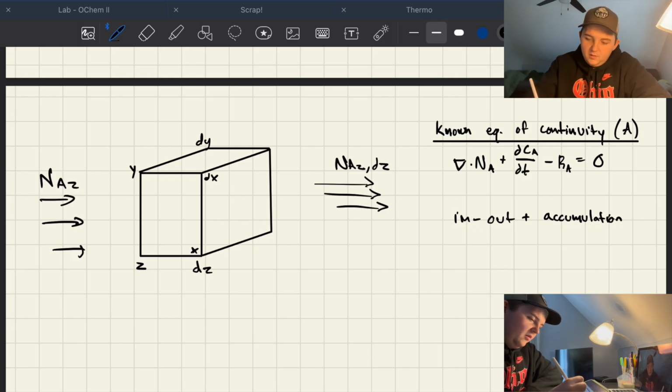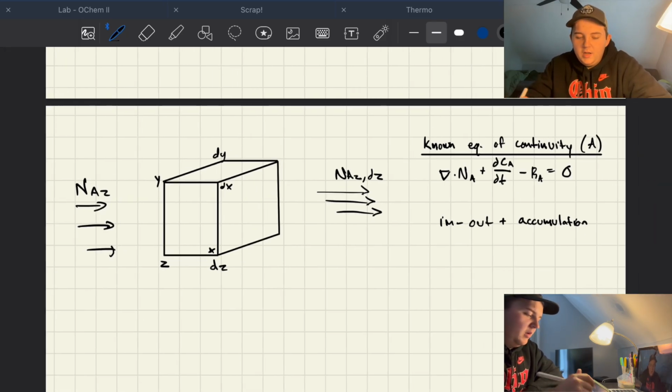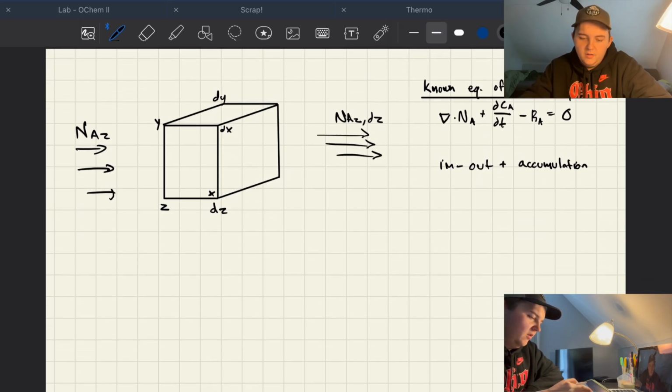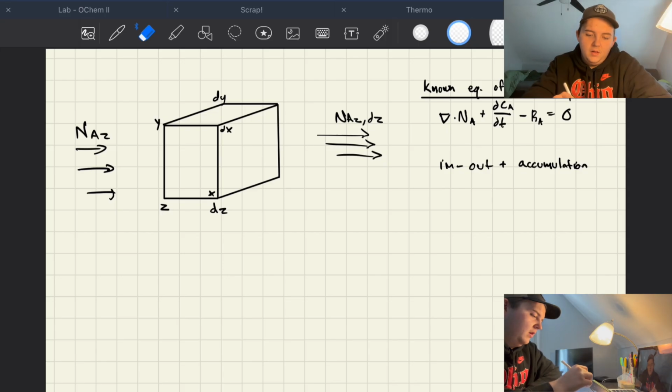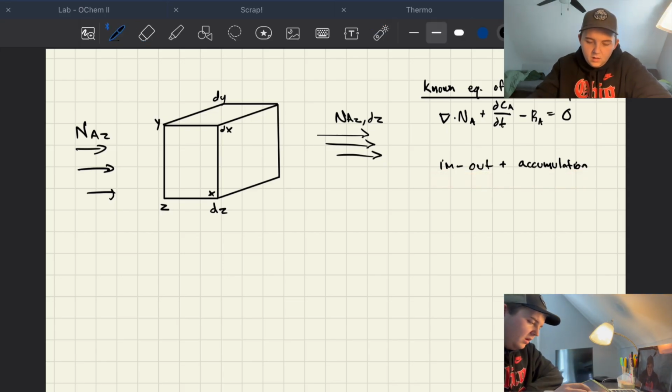We're going to be basing this derivation on the idea of in minus out plus accumulation. So we're going to get started doing in minus out equals accumulation.